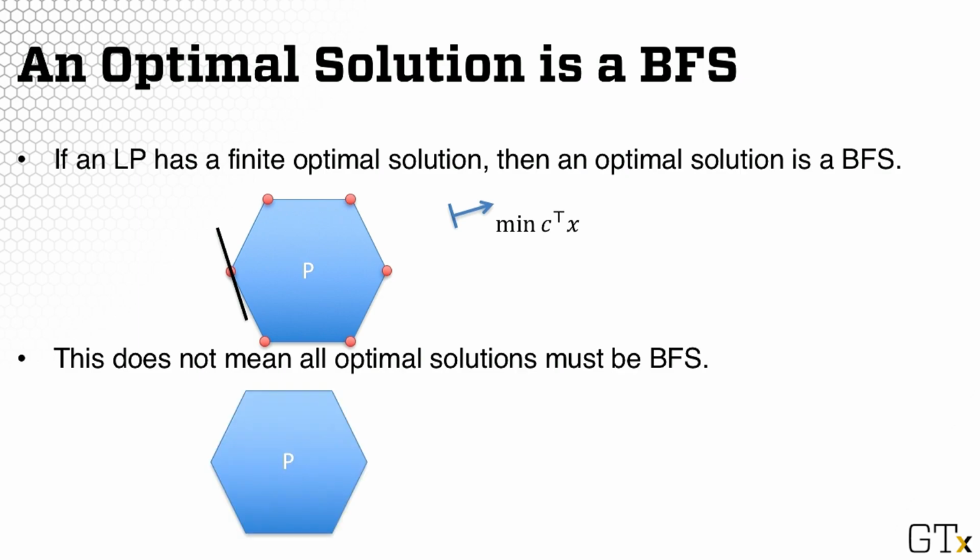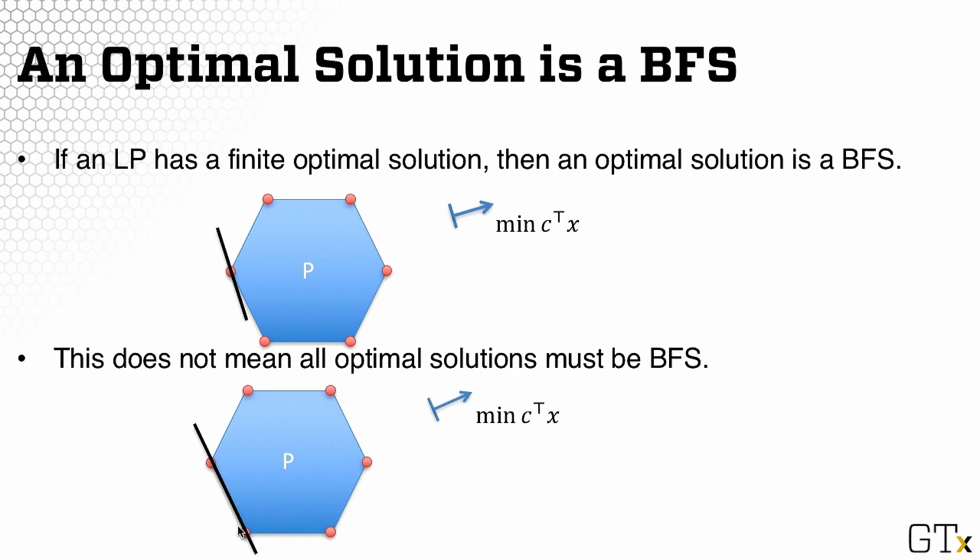So in the same example, same polyhedron, I can minimize a slightly different linear function, just slightly tilted from the previous one. And then when I minimize, I actually hit the entire edge here. Every point on this edge is an optimal solution.